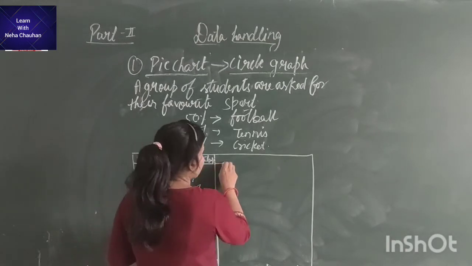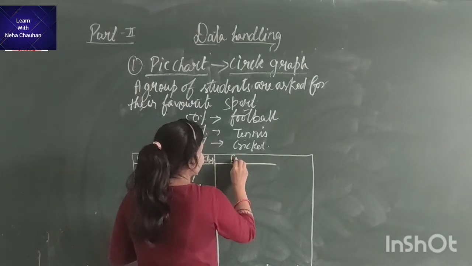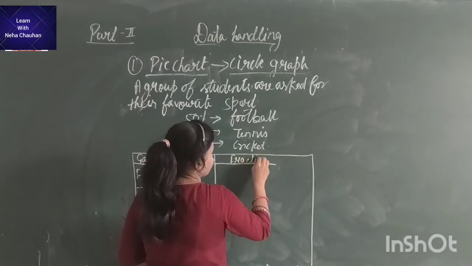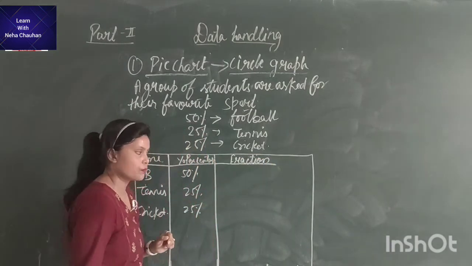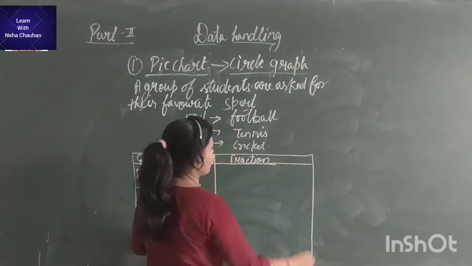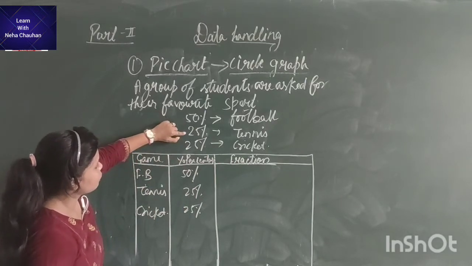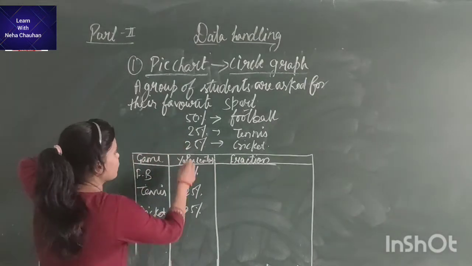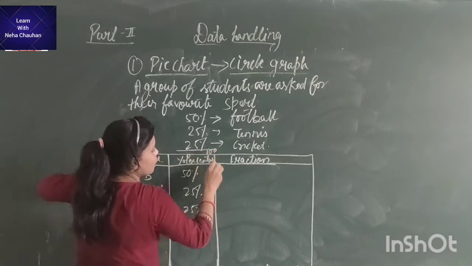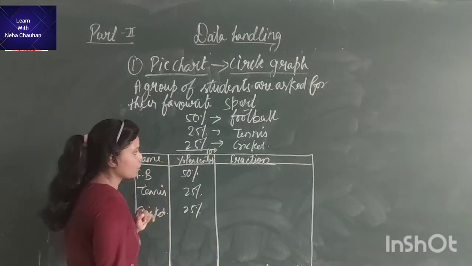In the next column, we will write the fraction. So what is the fraction? We know that the sum of all these, 50 plus 25 plus 25, gives 100, right?